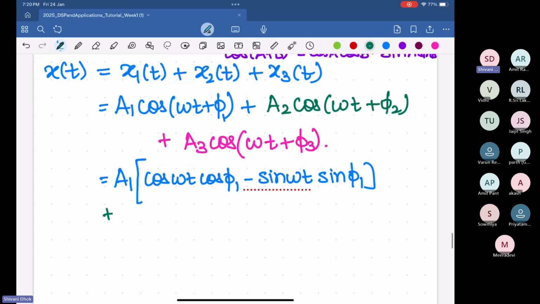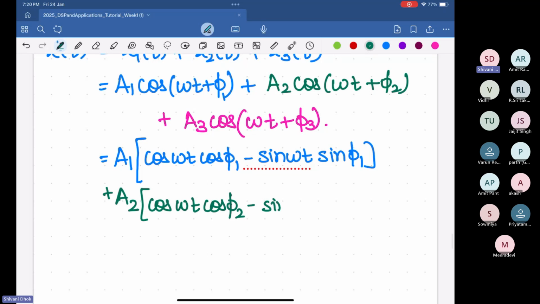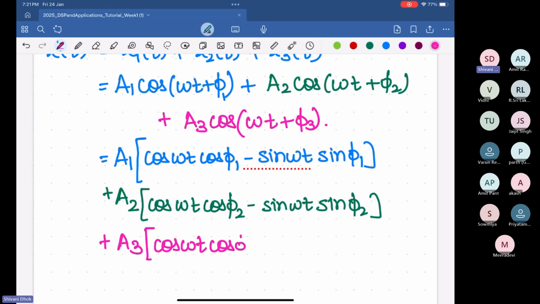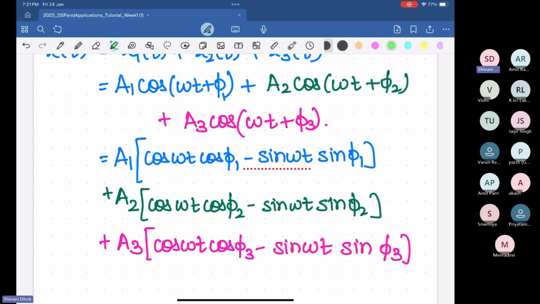Similarly, the second term becomes plus a2 cos of omega t cos of phi 2 minus sin of omega t sin of phi 2, plus a3 into cos of omega t into cos of phi 3 minus sin of omega t into sin of phi 3.